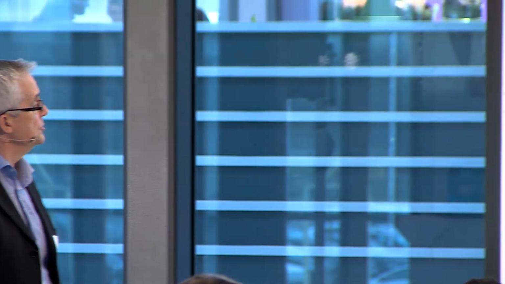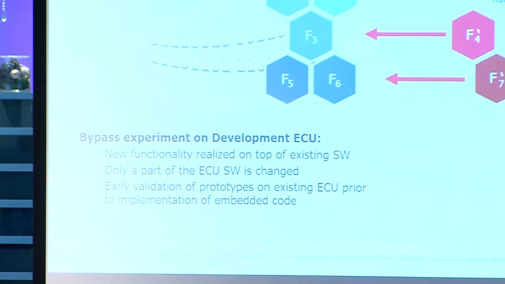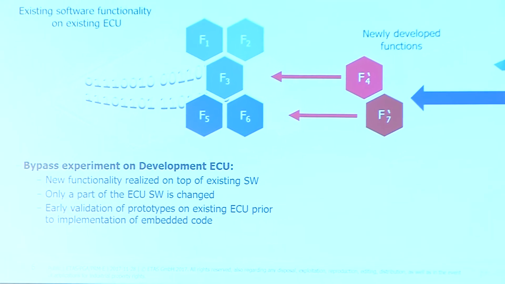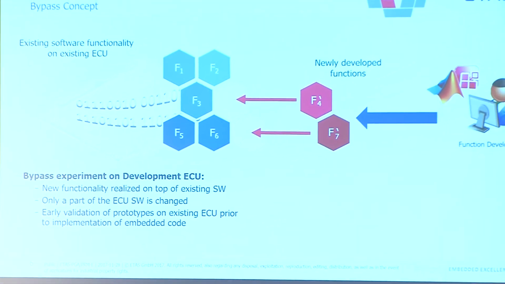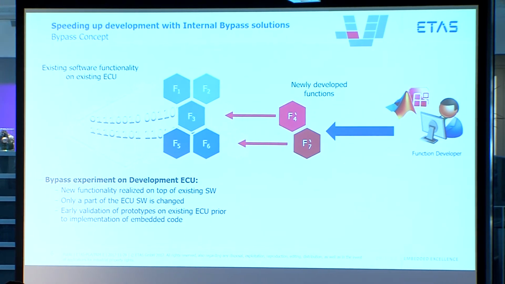So how can bypass help with this? The bypass concept starts with the function developer having their new Simulink or ASCET model. And they want to do this realistic validation. So bypass is a good way to do this. We assume with bypass experiments that there is an existing ECU software and hardware.